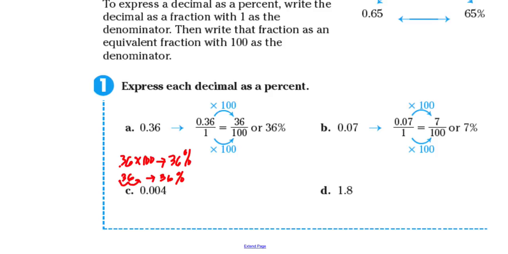Again, you can also do this by taking 0.07 and multiplying it by 100. That'll give you 7%. Or move the decimal place 2 spaces to the right, and that'll give you 7% as well.